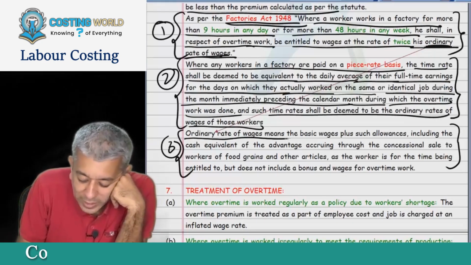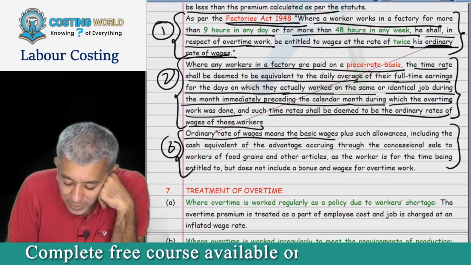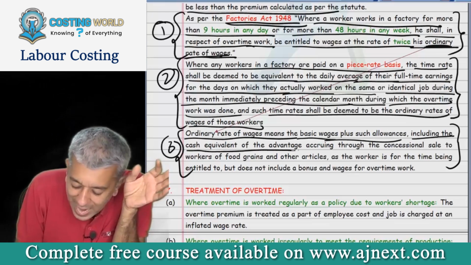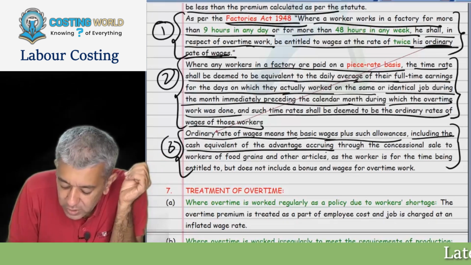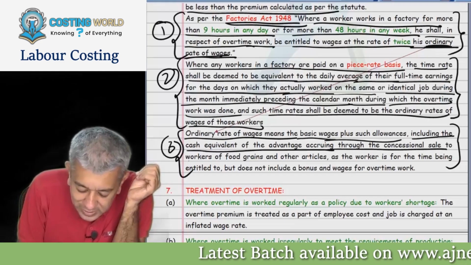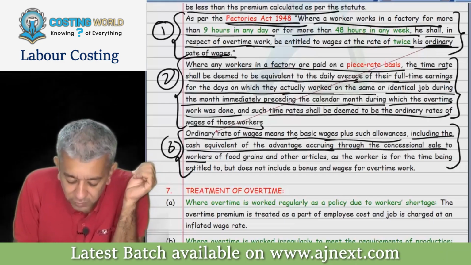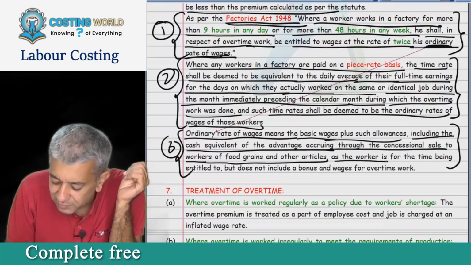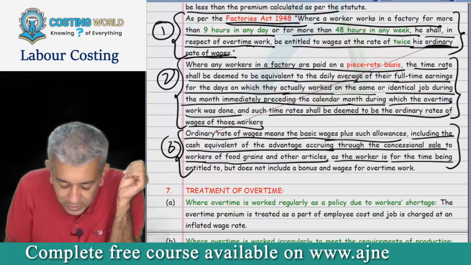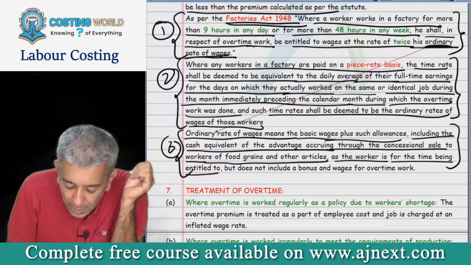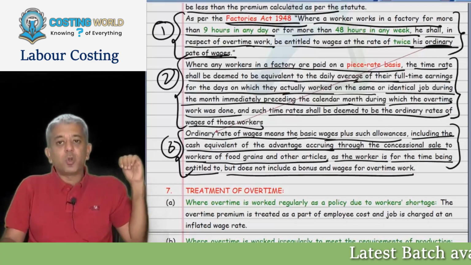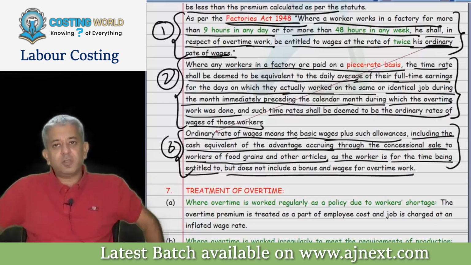So ordinary rate of wages means the basic wages plus such allowances, including the cash equivalent of the advantage accruing through concessional sale to the workers of food grains and other articles, as the worker is for the time being entitled to, but does not include a bonus and wages for overtime work. You read it first yourself.